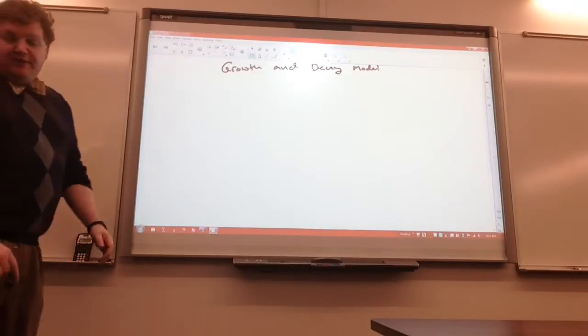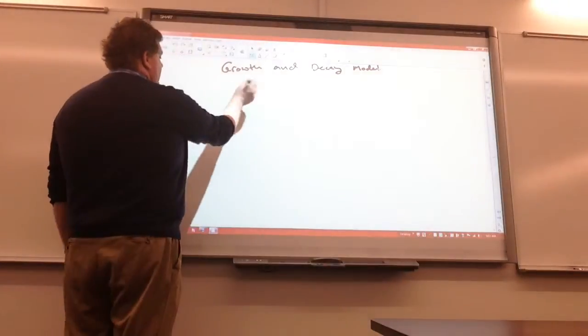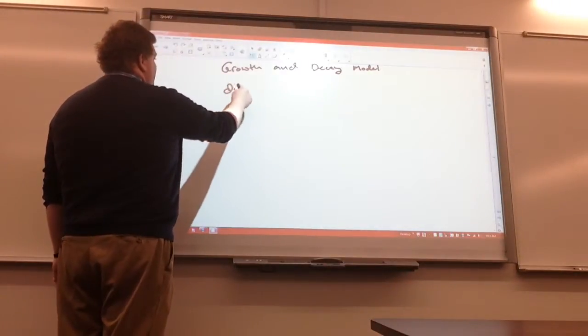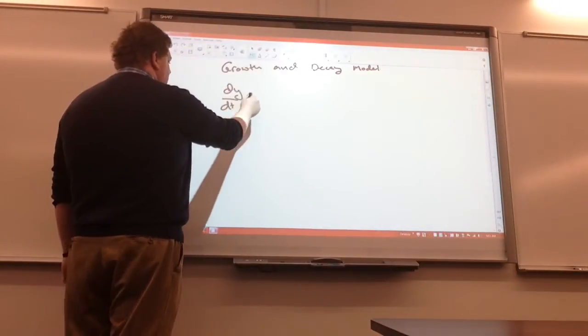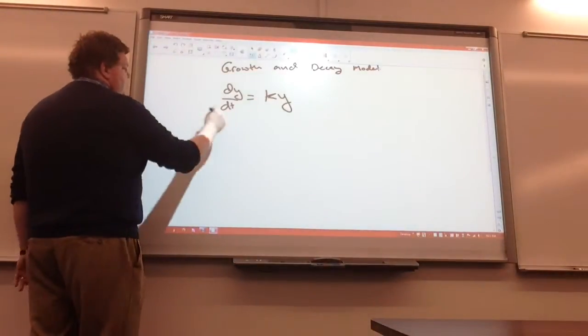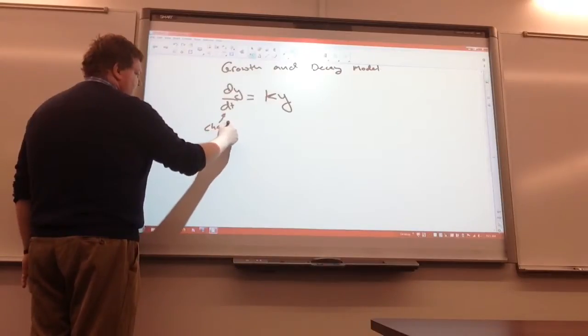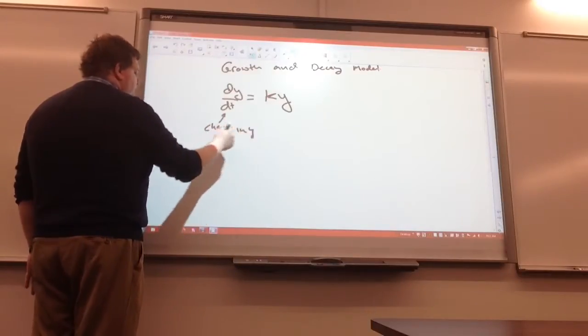It all starts off with a specific differential equation, okay? That is dy/dt = ky, and the left side is the change in y with respect to time.